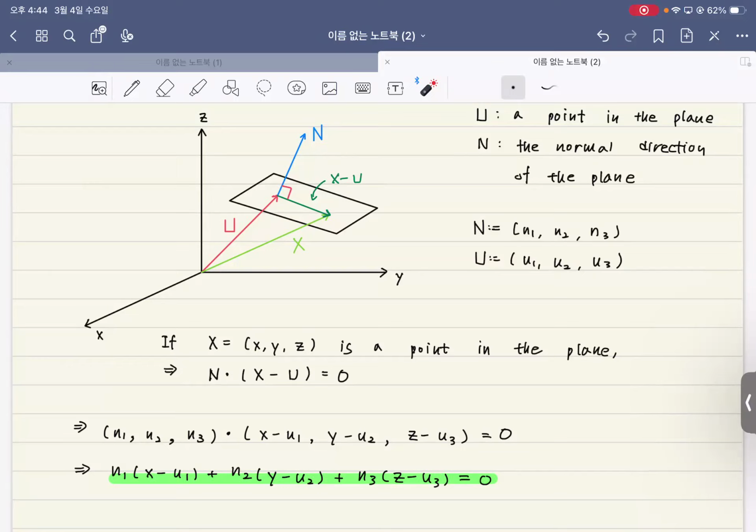In other words, you can understand this equation as some sort of restriction imposed on the free variables x, y, and z. Without this restriction, the degree of freedom was 3, because we have 3 variables. But imposing one restriction is going to decrease the degree of freedom by 1. If you do not have any restriction at all, then x, y, z can lie freely in R3.